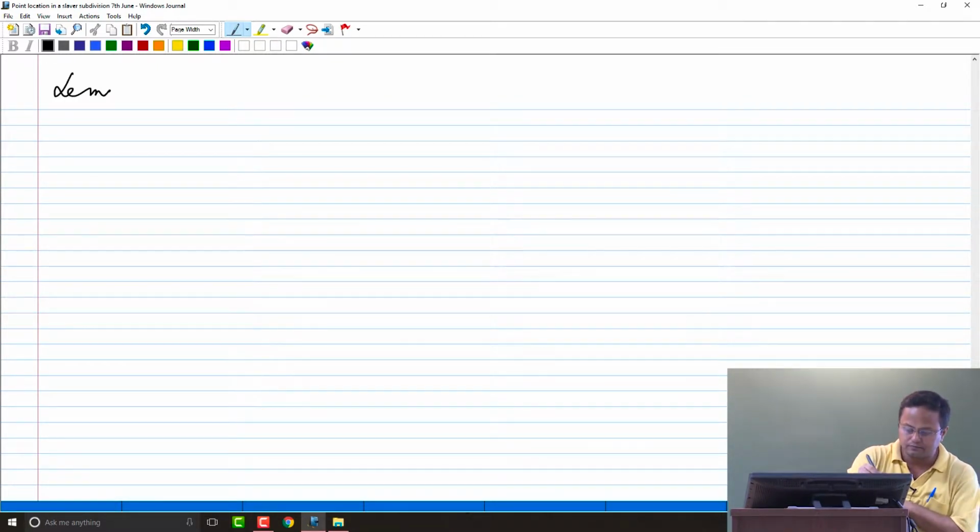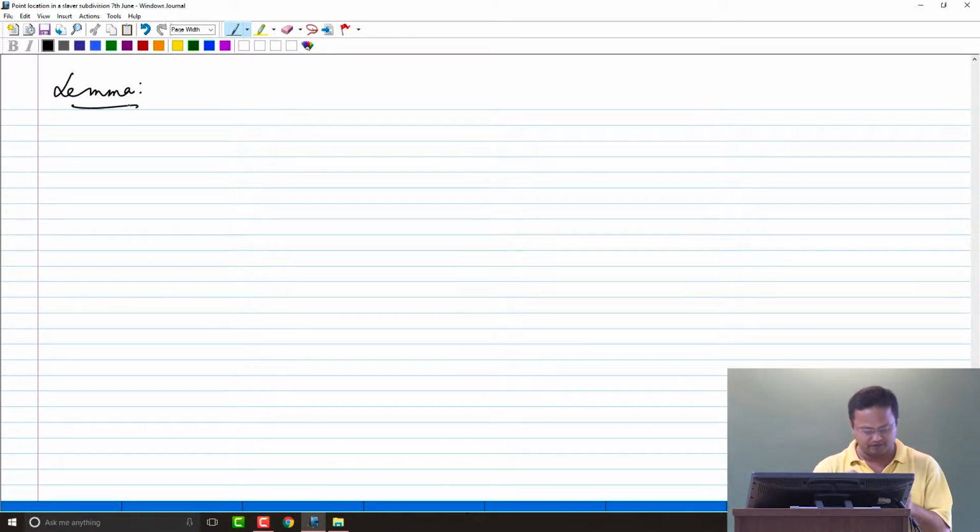And this is the lemma that we are going to prove. This is kind of serious stuff. We will have some combinatorial arguments.